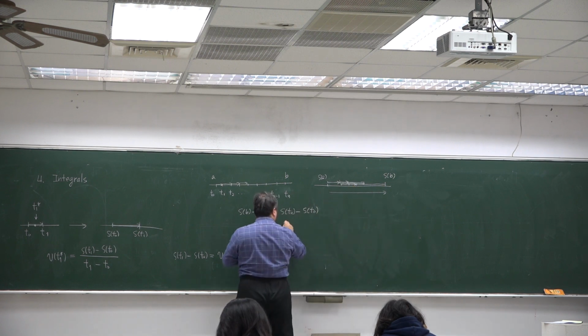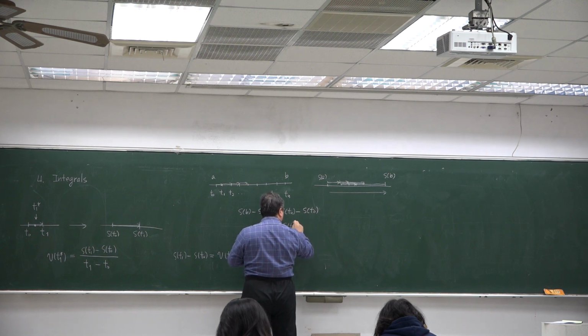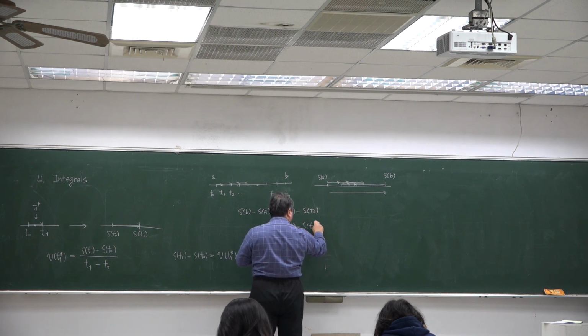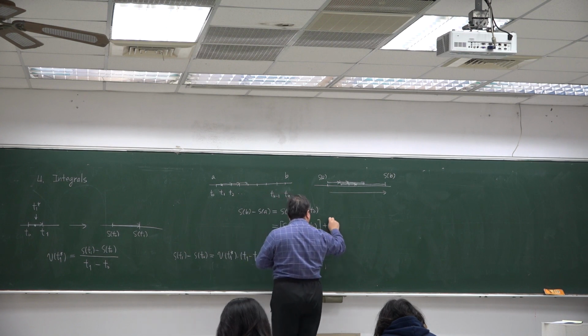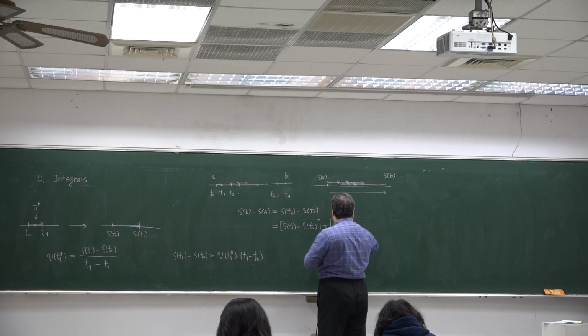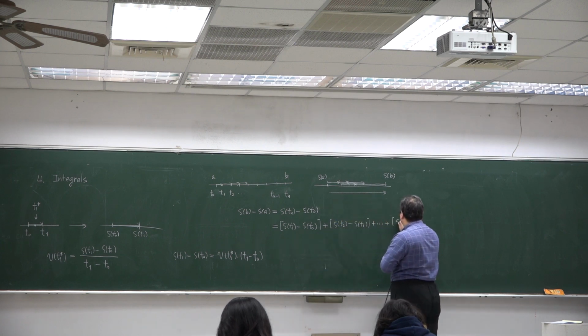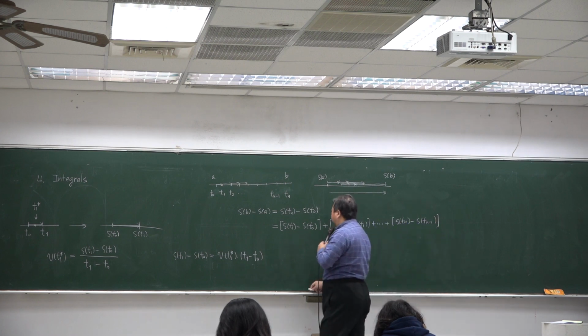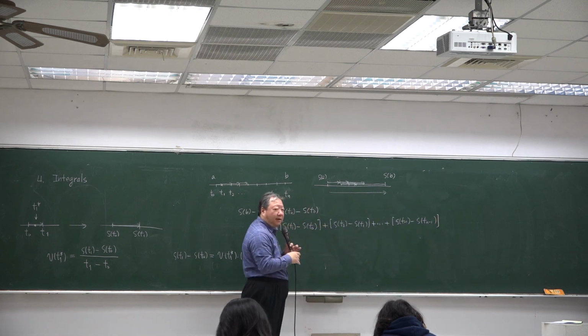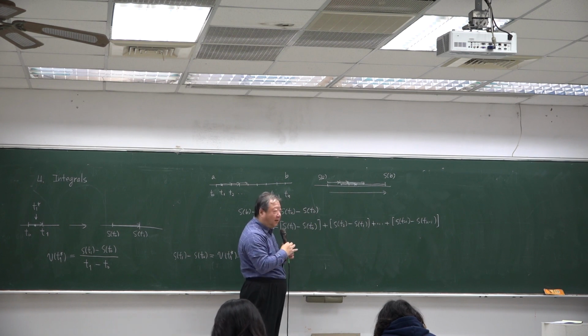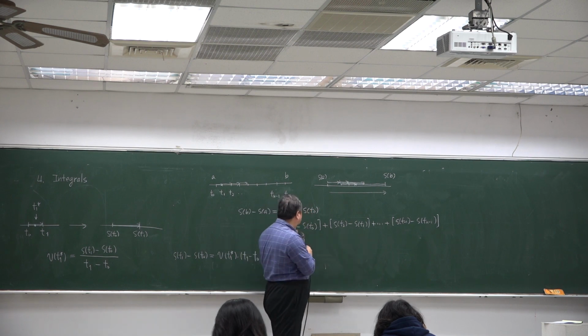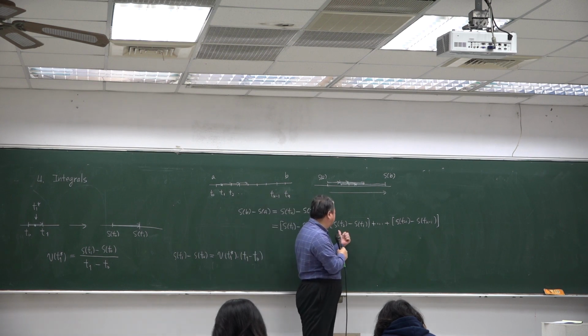So S of t1 minus S of t0, S of t2 minus S of t1, up to S of tn minus S of tn minus 1. That is, we insert some terms: minus S of t1 plus S of t1, minus S of t2 plus S of t2.